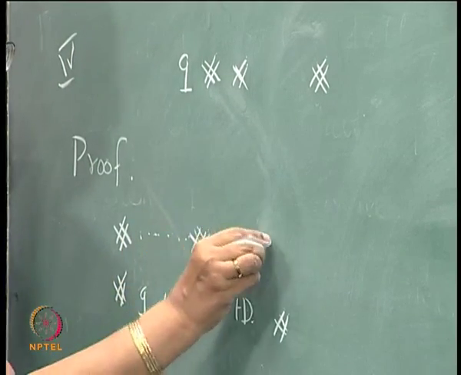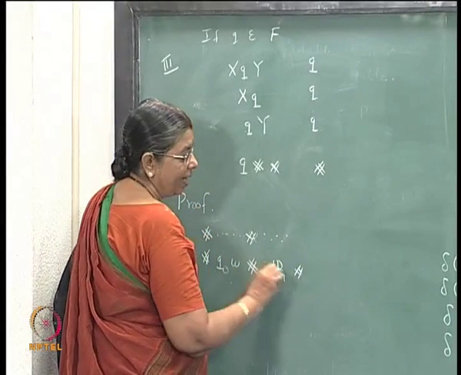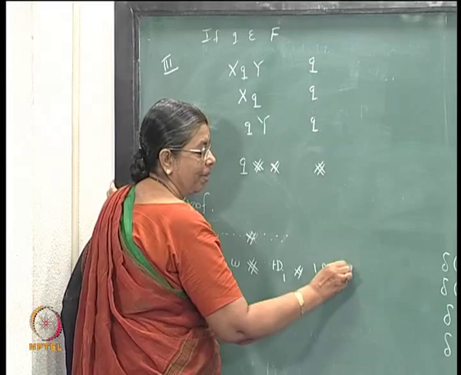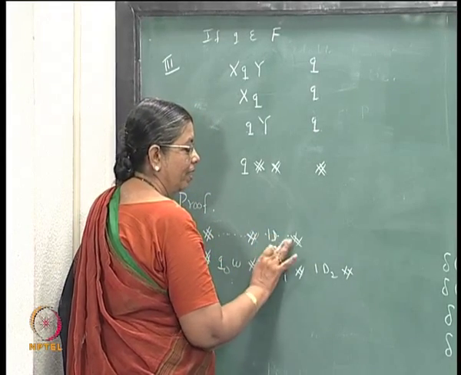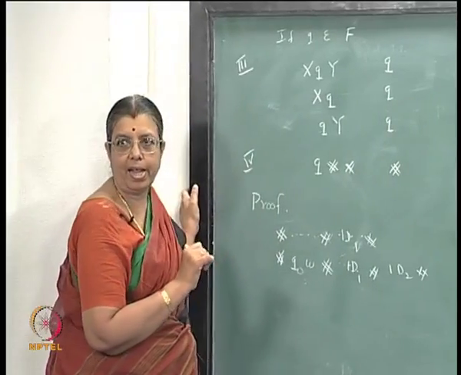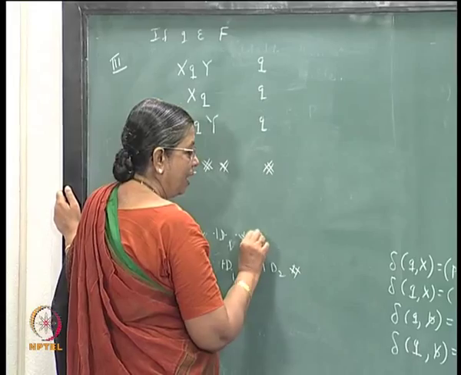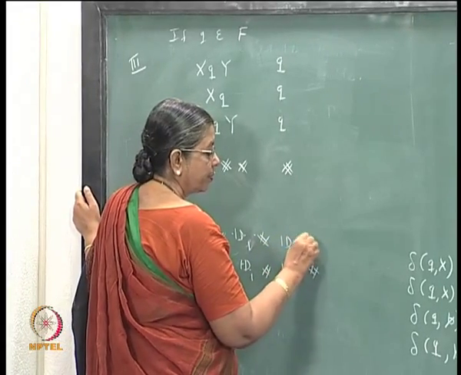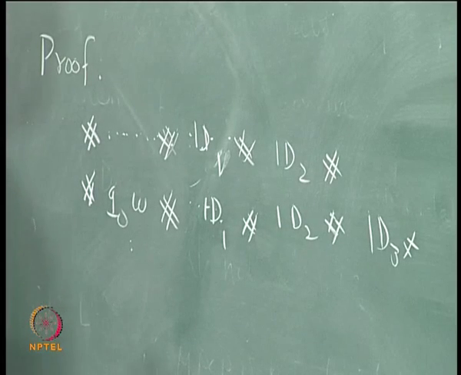Now, when you try to do this, the next ID, this is ID naught, this is ID 1, ID 2 will come here. When you try to fill this with ID 1, then next when you try to fill this with ID 2, you will get ID 3.